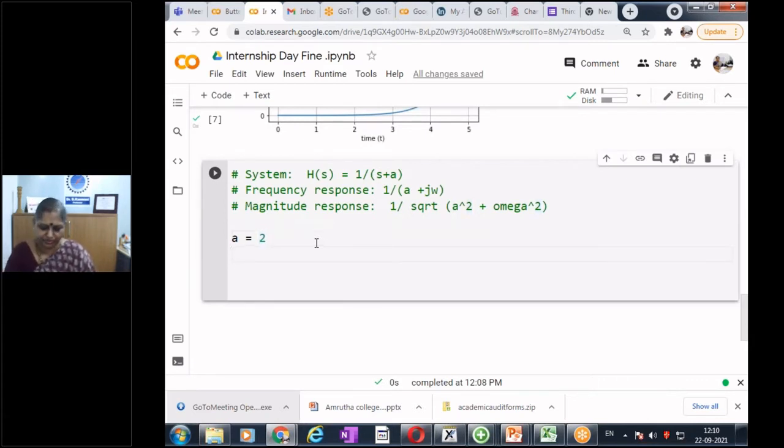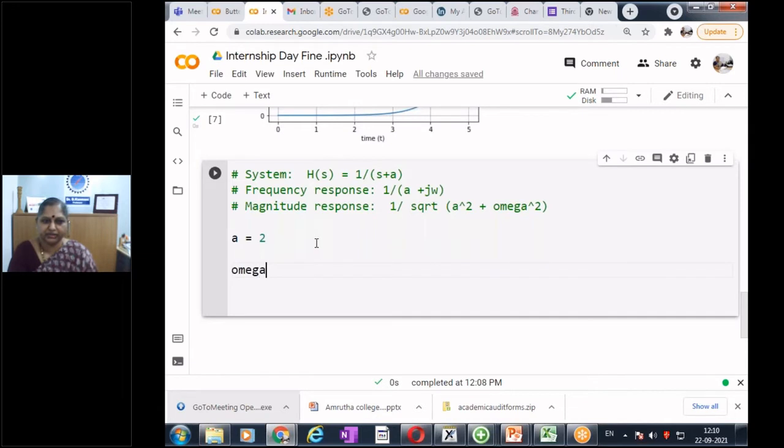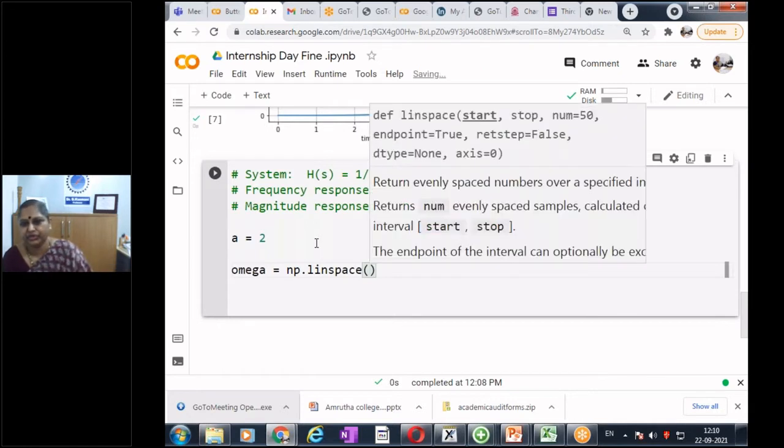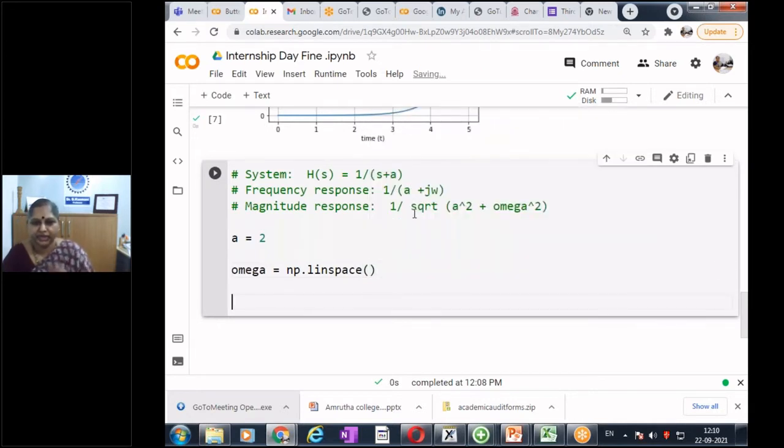So put a equal to 2. Now let me define my omega. Omega is, say, np dot linspace, from where to where I want to plot, let us say from minus 10 to plus 10, and let me put 100 values. My frequency going from minus 10 to plus 10.